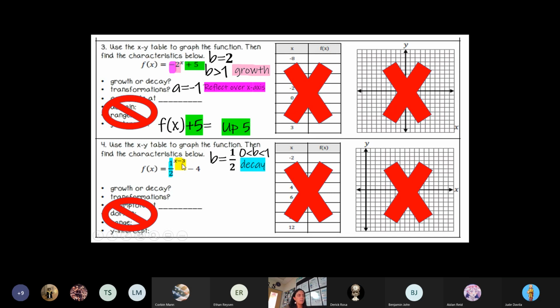Then I have x minus 3, and that x minus 3 is telling me it's affecting the x value, meaning moving left and right. So here, because I have a -3, I'm moving to the right 3. Then I have the -4. If I write that in function notation, I'm going to have f of x minus 4. And that's going to move my function down 4 units.